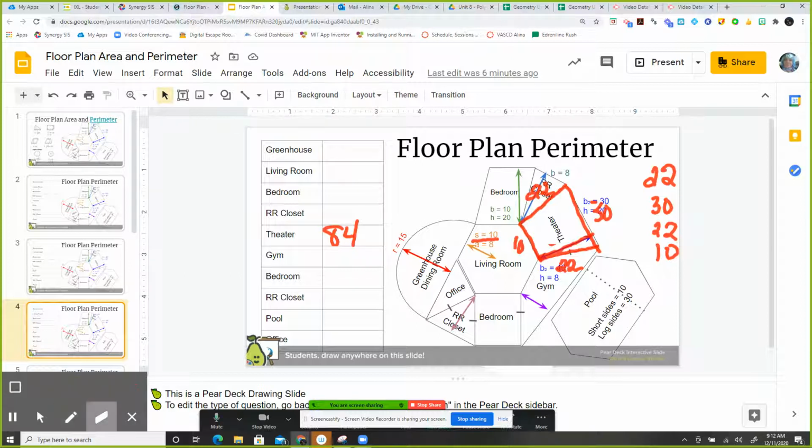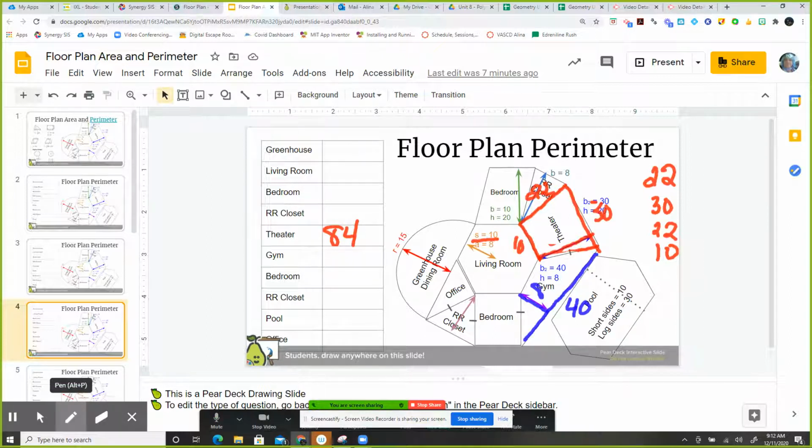It says the base 2 is 40. So this is 40, and the height is 8. This is still 22, and it's got tick marks. So what's this side? 22, because that's isosceles.